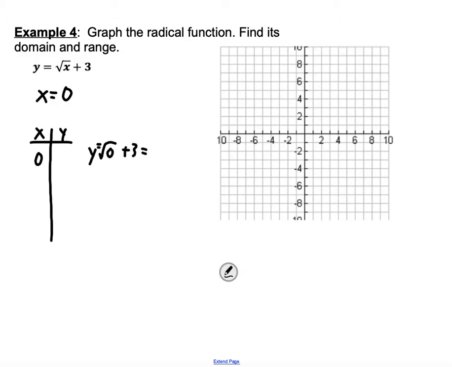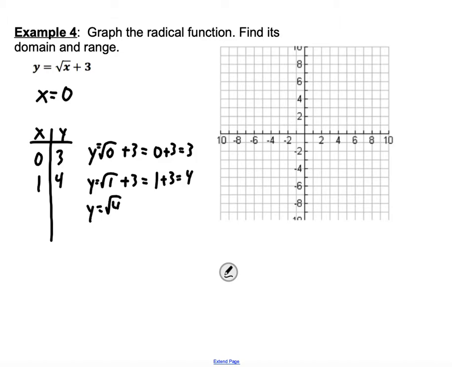Square root of 0 is 0. Plus 3 is 3. All right, try something larger than 0, maybe like 1. Square root of 1 is 1. Plus 3 is 4.